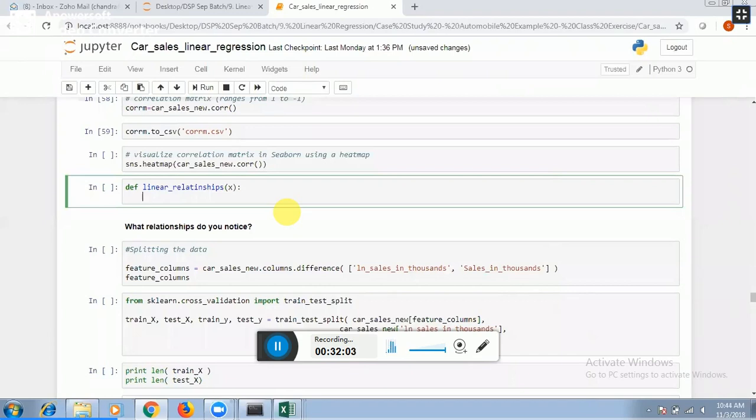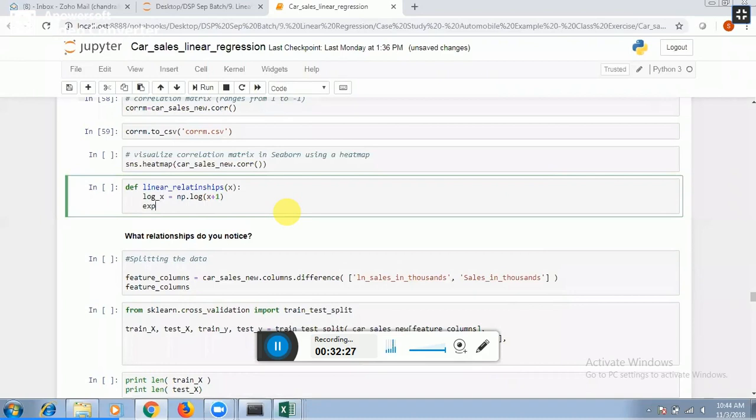How will you do that? Apply some kind of transformations. Log x equals np.log of x plus 1. Exponential of x equals np.exp of x.